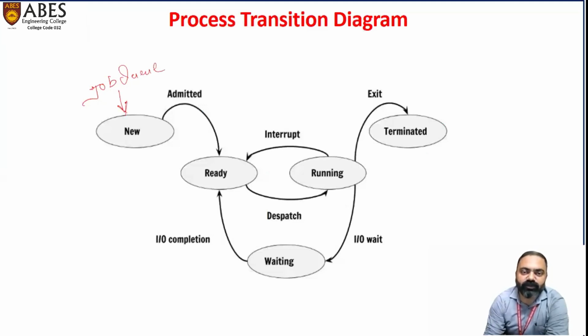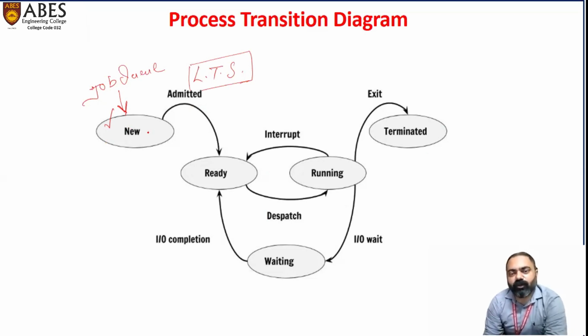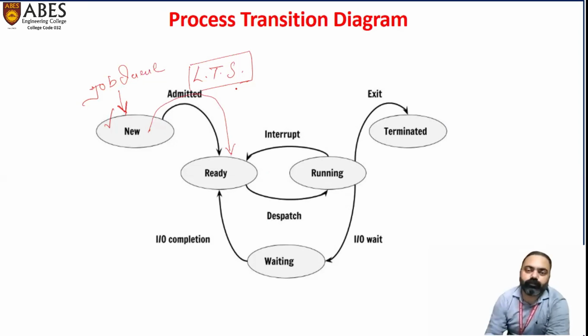All the processes which are created are put inside the job queue and labeled as new, meaning these are the new processes who want to get executed. And there is a scheduler called LTS, long-term scheduler, which picks one by one all the processes who want to get executed and puts all those processes inside the ready queue. Okay. This is the place where all the scheduling algorithms work.